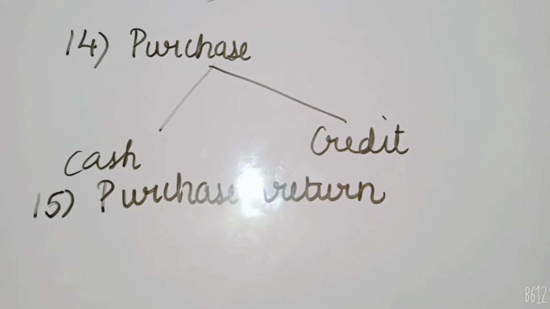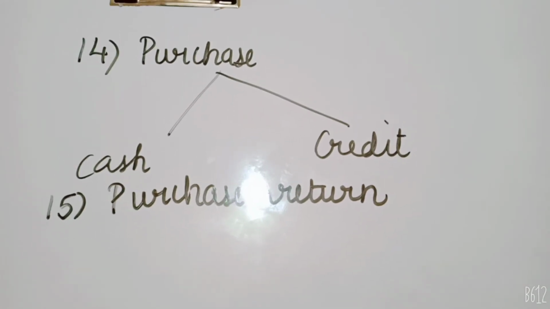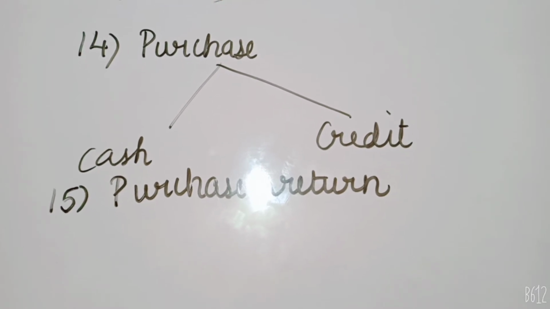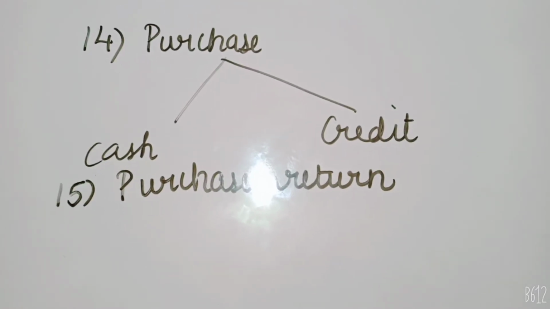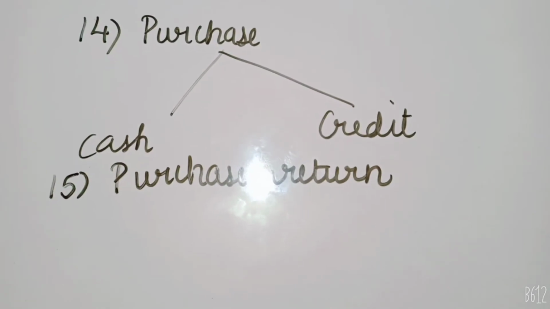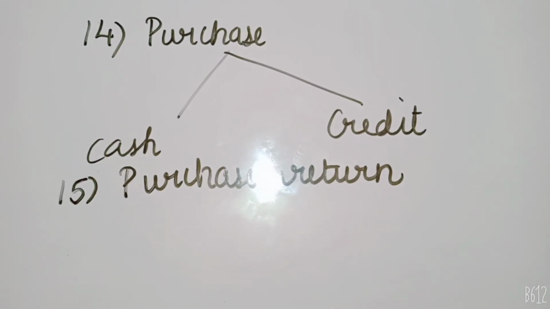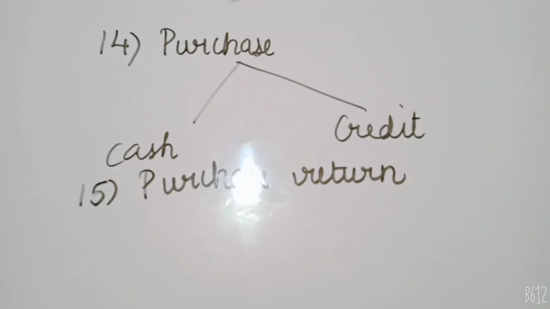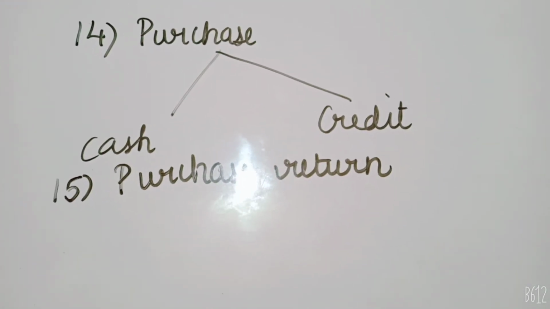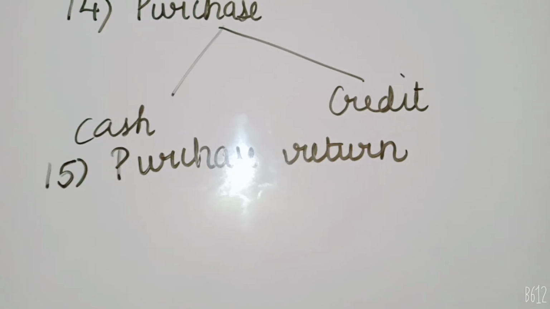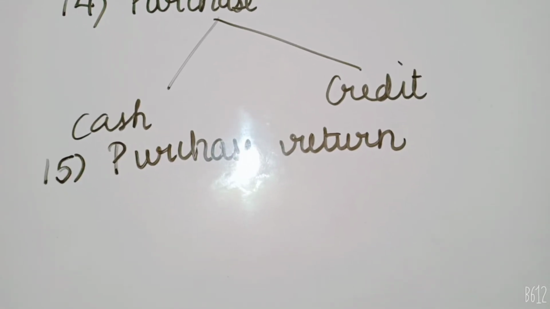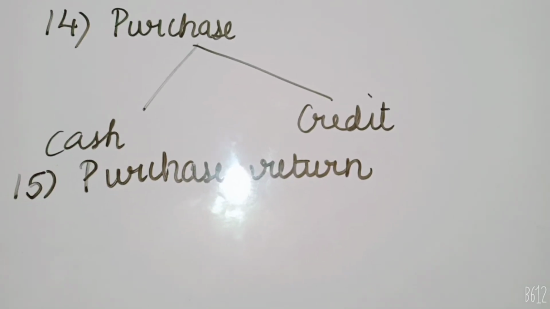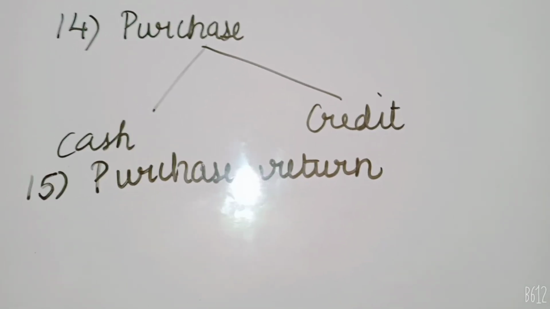So the next is purchase. The goods which we buy for resale are called purchase. Now there are basically two types of purchases, that is cash purchase and credit purchase. Goods which we purchase for cash are called cash purchase, and the goods which we purchase on credit, that we are going to pay for in future, are called credit purchase.